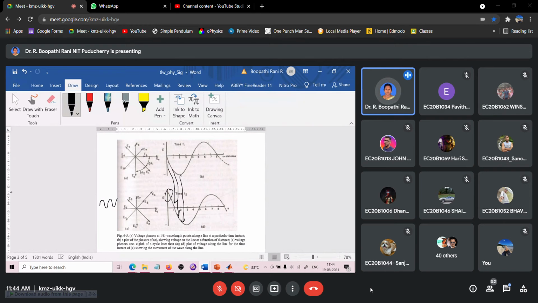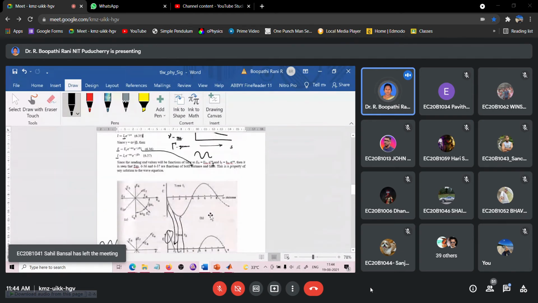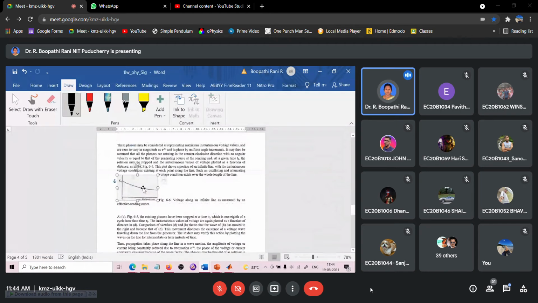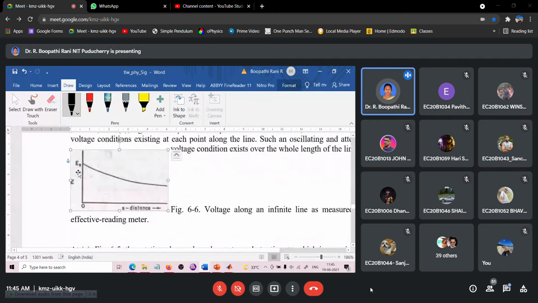This is how the wave is going on the transmission line; it depends on both time and distance. And this is the graph we just now discussed, ES or IS with respect to distance. If we draw E and I expressions with respect to distance, it will be like this.